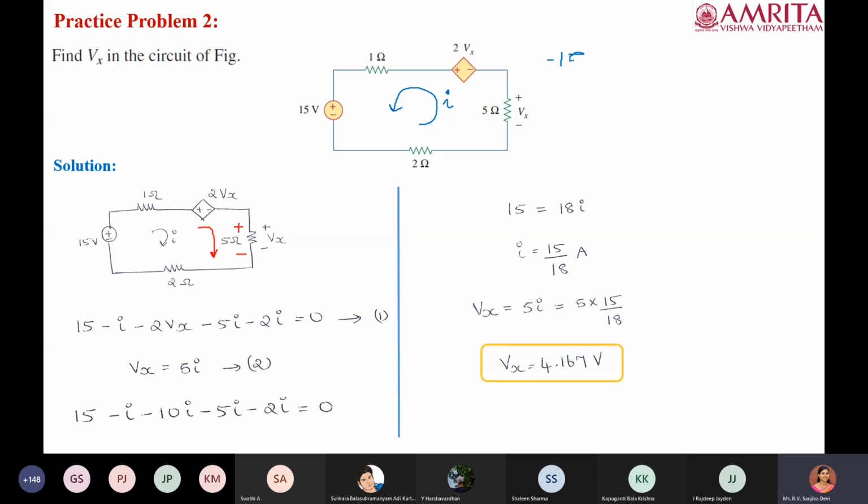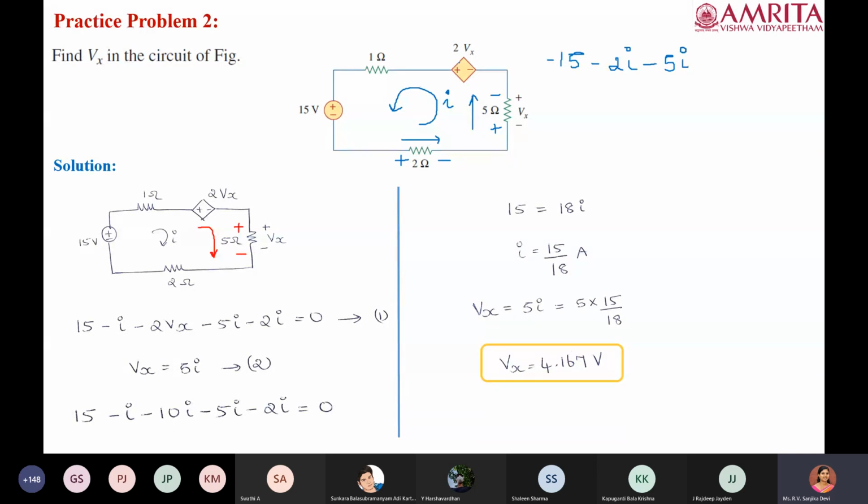There will always be a voltage drop, so this will be plus and this will be minus, so it will be minus 2i. Now for the 5 ohm resistor, current flows this way, and again there is a drop, so I will take it as minus 5i.